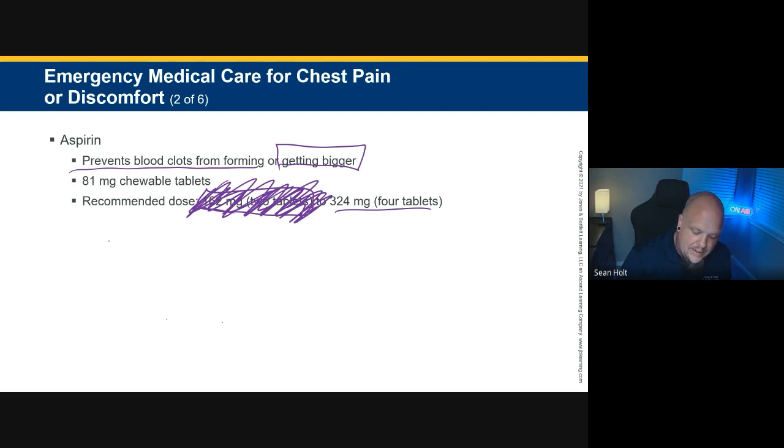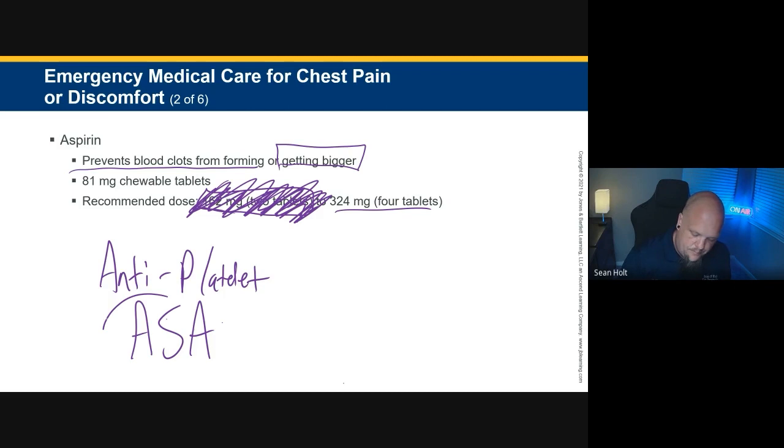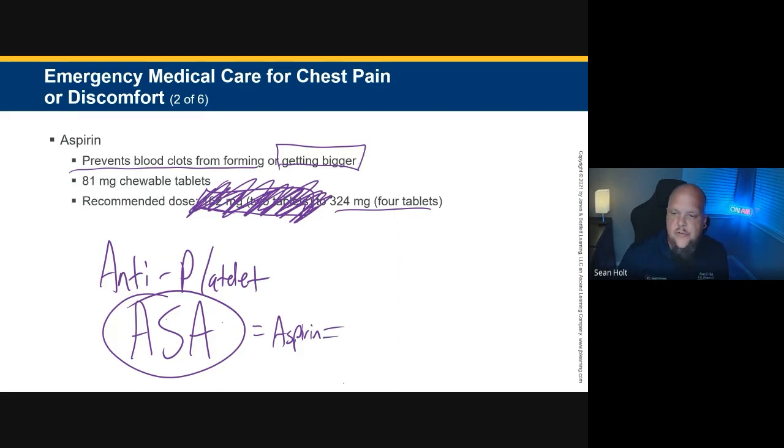So we give an antiplatelet to stop that clot from getting bigger. That's ASA. All right. ASA stands for acetylsalicylic acid. All right. That is the chemical name for aspirin. Okay.